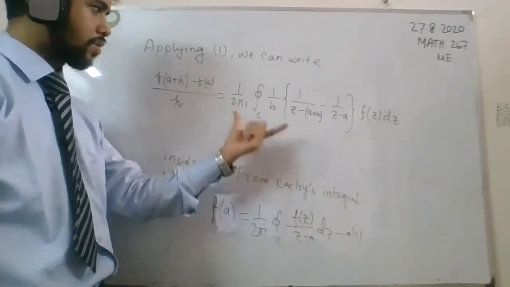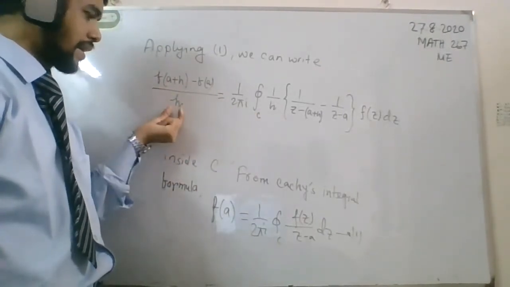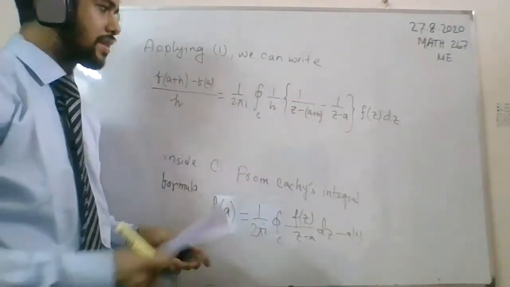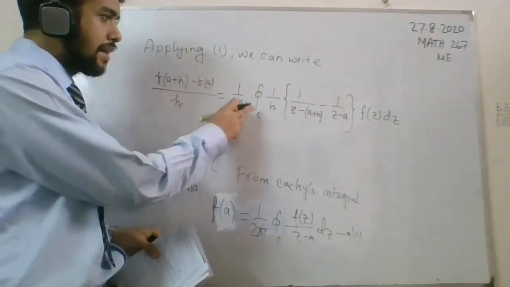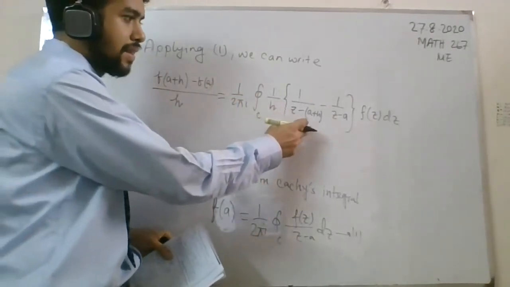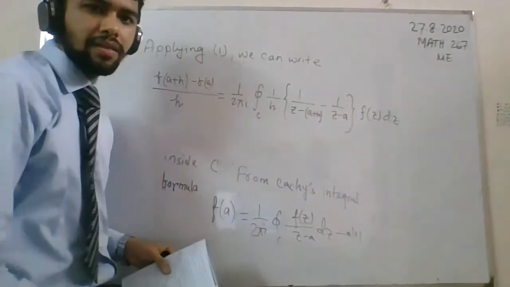After that, just divide these two by h, and you get 1 by 2 pi i integration 1 by h times (1 by z minus a plus h minus 1 by z minus a) f(z) dz.